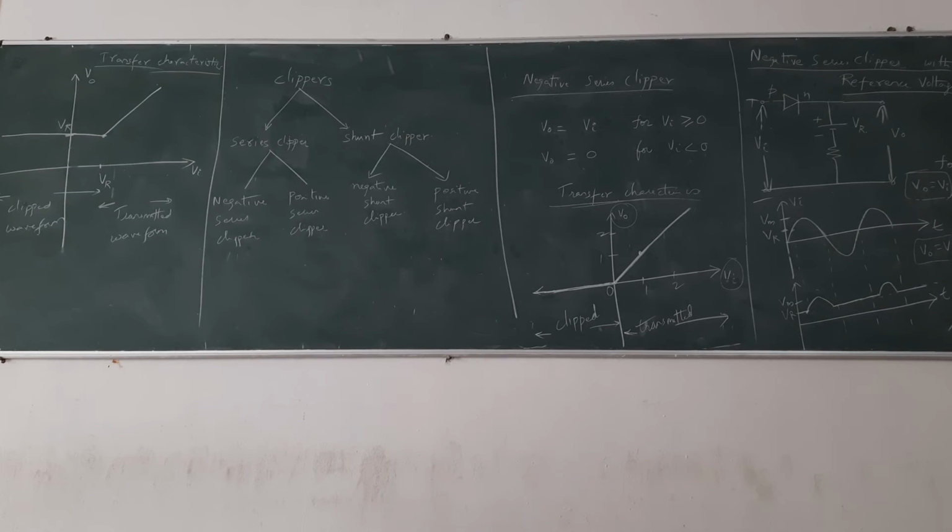Name of the circuit is positive clipper. So only negative half cycle you will have. So the waveform is again very easy. Draw the waveform. Correct. Draw the transfer characteristics.